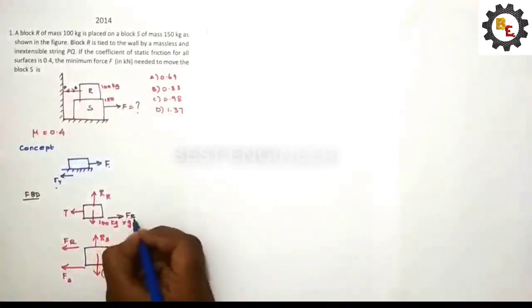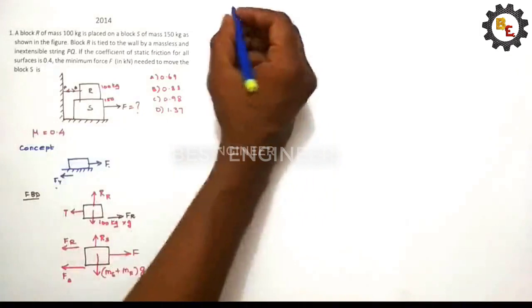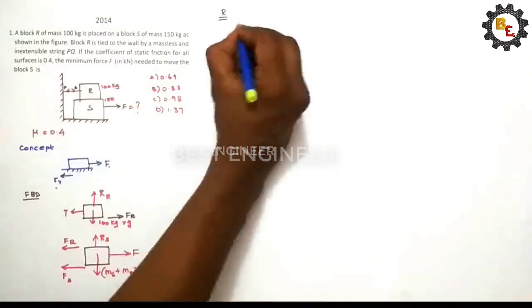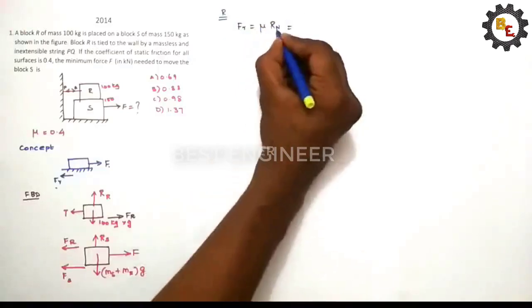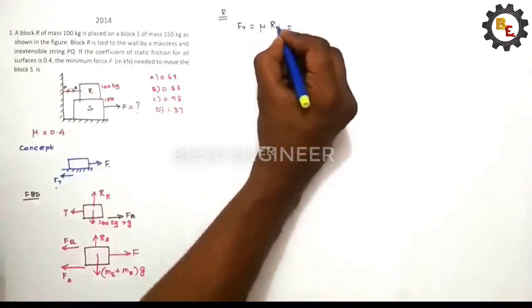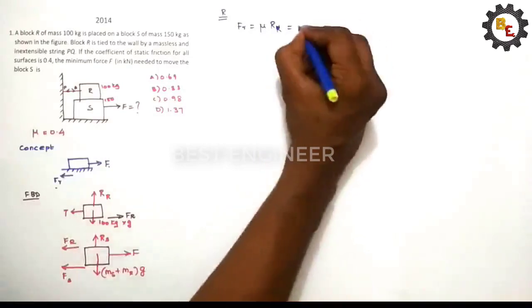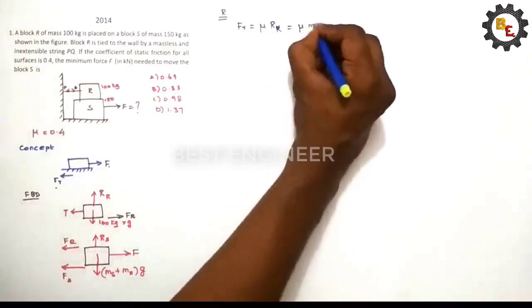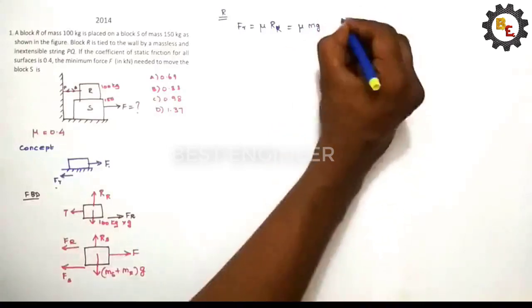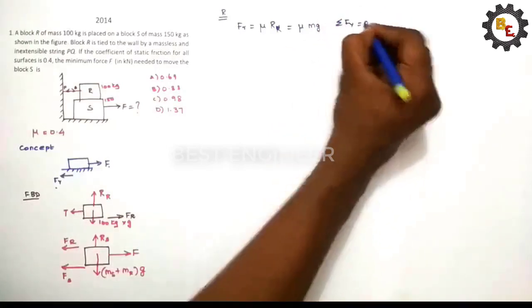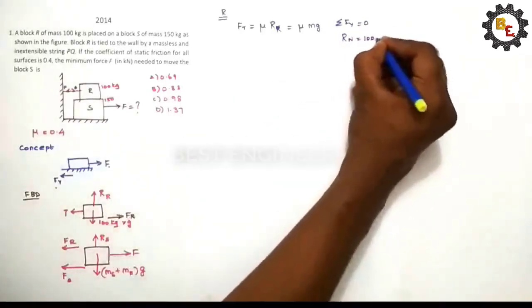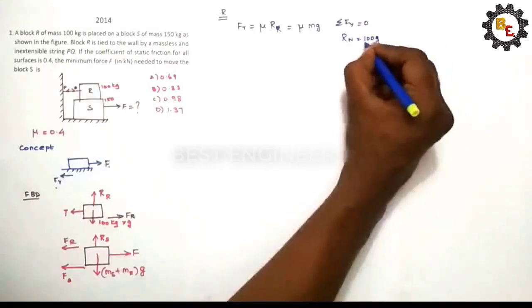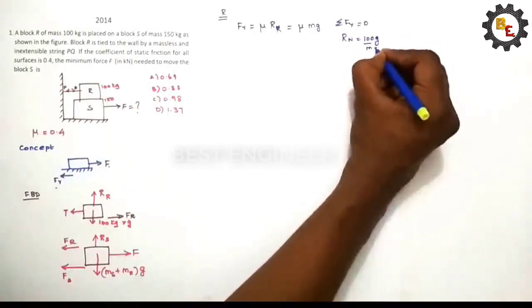Now let me find the friction force for block R. Friction force equals mu into Rn, normal reaction for object R, mu into mg, because summation of Fy equals 0, so this Rn is equal to 100 G. This one is mass, this one is gravity.